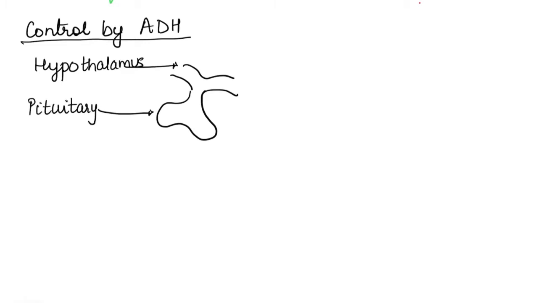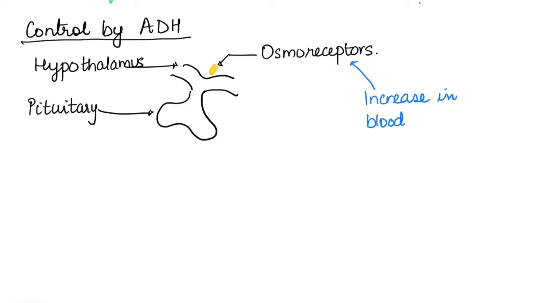Here I have drawn the pituitary and the hypothalamus. In the hypothalamus, there are osmoreceptors present. These osmoreceptors are structures that can detect changes in blood osmolarity. When the blood osmolarity increases above 300 milliosmoles per liter, the blood becomes more concentrated or thicker.